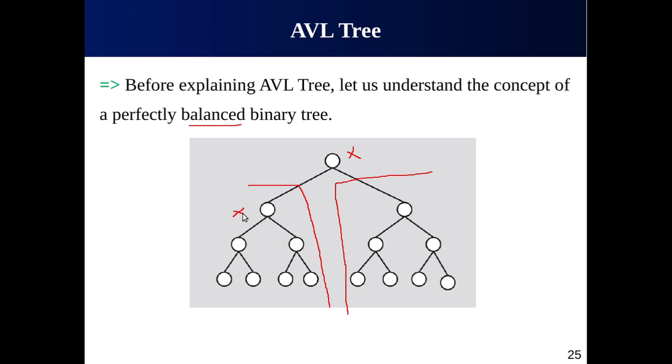Suppose x is this node, then the height of the left subtree must be equal to the height of the right subtree. This is an example of a perfectly balanced binary tree.